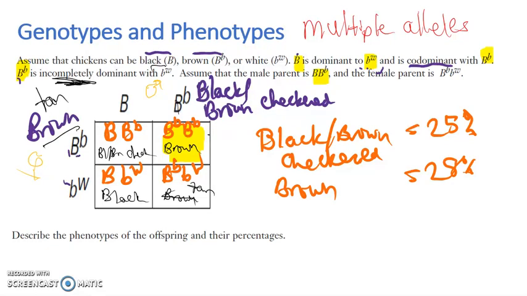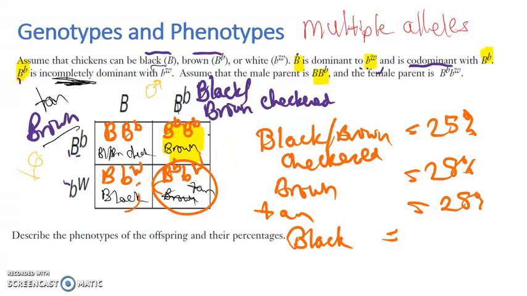Now, tan like mom, we're going to have 25%, because that's this box right here. And then we're going to have one box that's going to be all black, solid, because it has the recessive, 25%. So every box here represents a different genotype possibility.